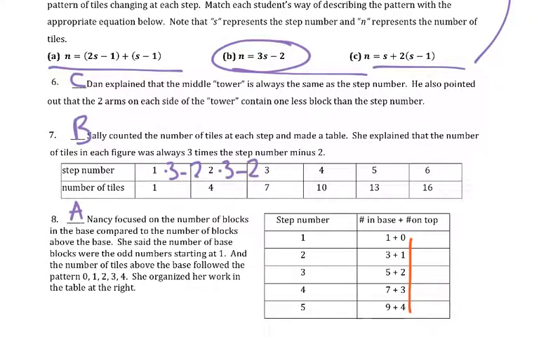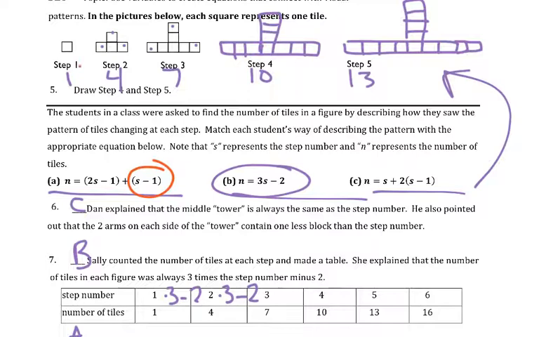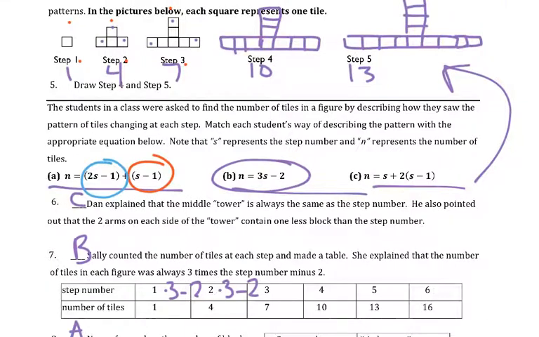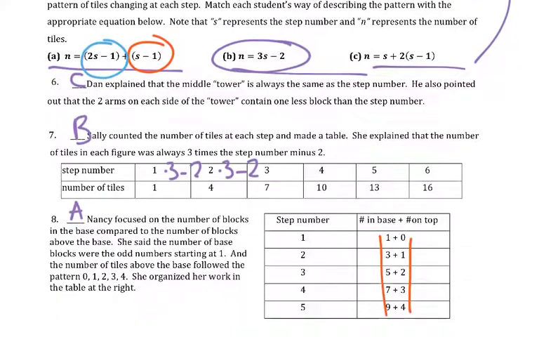Okay, so she's adding two separate things. Okay, so that S minus 1, because we start at 1 here, but we had 0, then 1, then 2, then 3. So that would make sense there. And then for an odd number, 2 times S minus 1, the step number doubled, minus 1 would take us to that odd base, and that is true. Okay, there we go on that, guys.